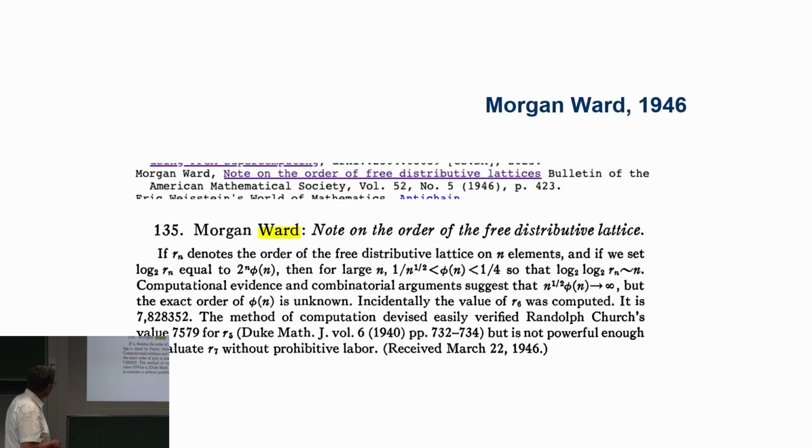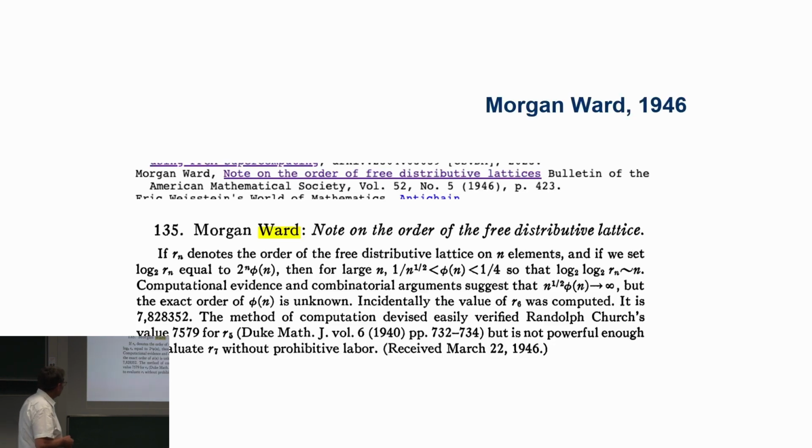All right. So here is 166, and there is 18, and here is 4, which Dedekind didn't even bother to mention. So that's Randolph Church, who takes on this problem.